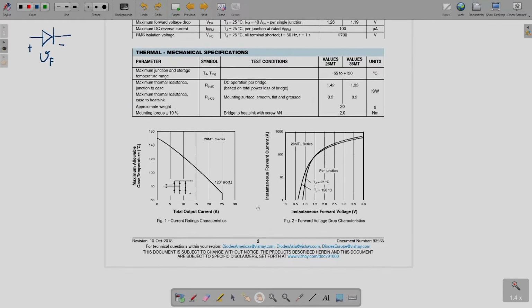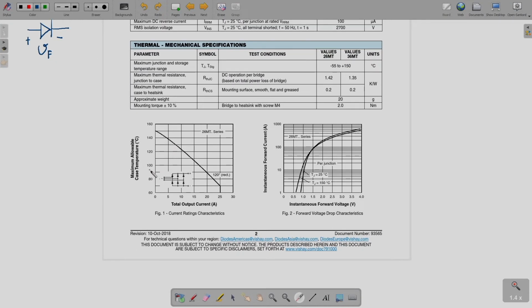Then next are the performance curves that are provided here. So, this is maximum allowable case temperature. So, case temperature, maximum case temperature versus output current. So, what we mean by this is that a case temperature and how much current can flow through, that actually has a relationship.